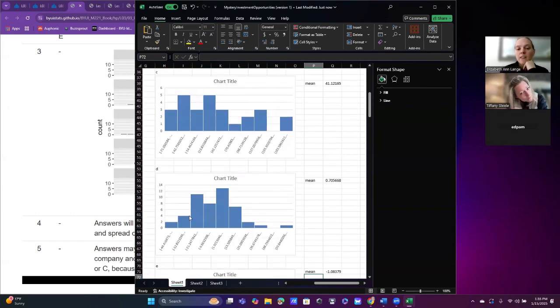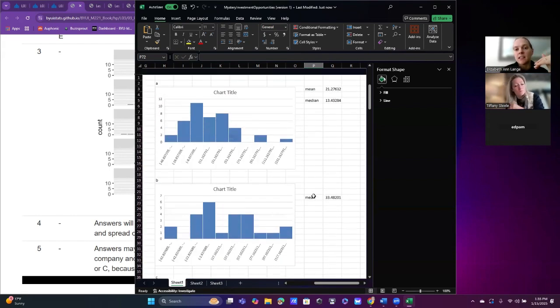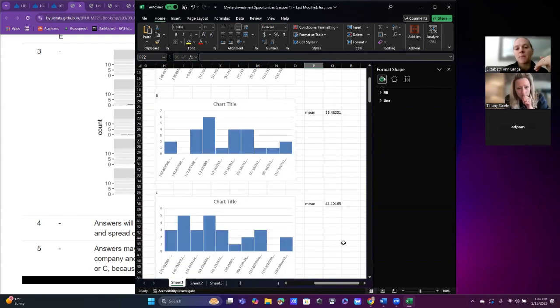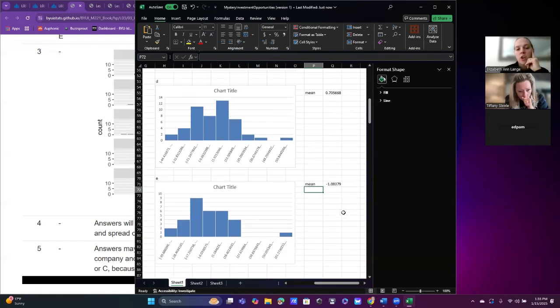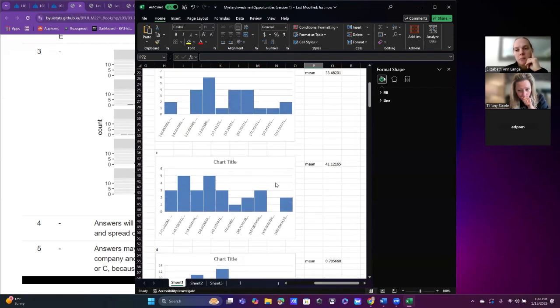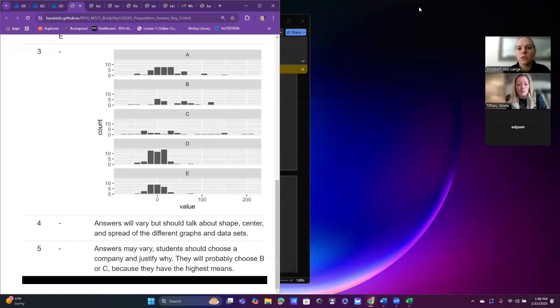When you calculate the means, this one is not bad, but these two have the best average and these two have the worst average. So looking at averages, C makes the most sense because it's the most consistent. Okay, I agree with that.